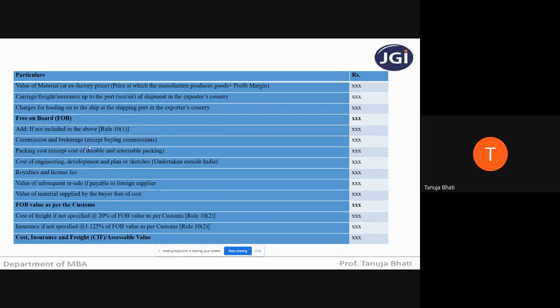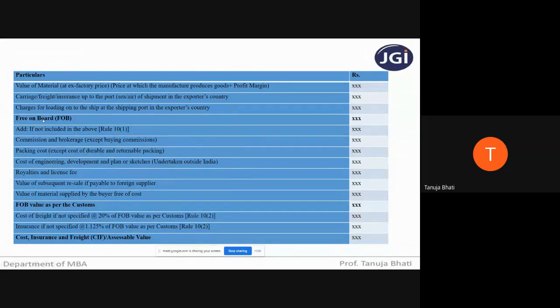For example, commission and brokerage, except buying commission. You need to add packing cost, cost of engineering or sketches development undertaken outside India, royalties or license fee, value of subsequent resale if payable to the foreign supplier, and value of material supplied by the buyer free of cost. When you add the items required to be included as per rule 10, you get the FOB value as per customs.